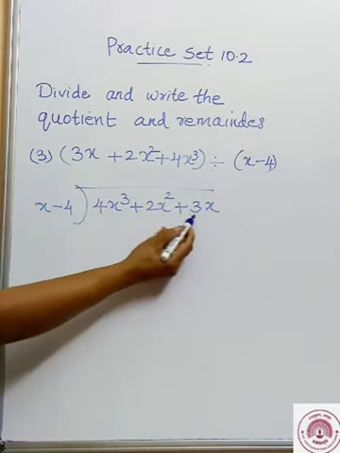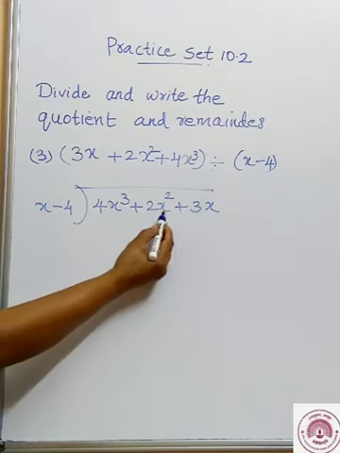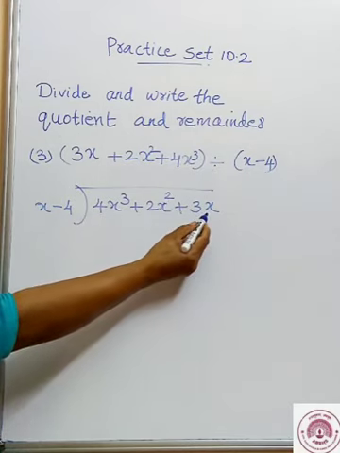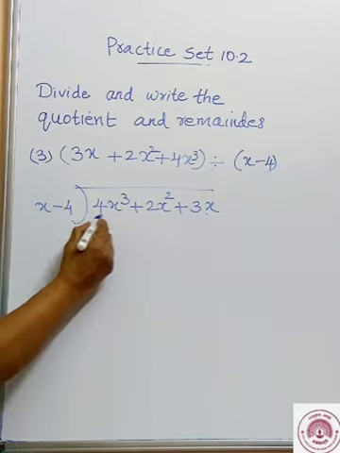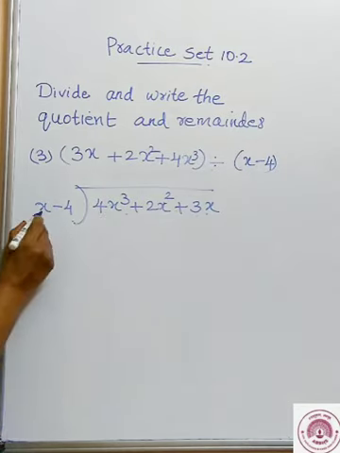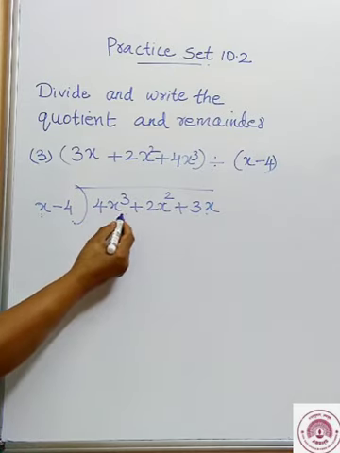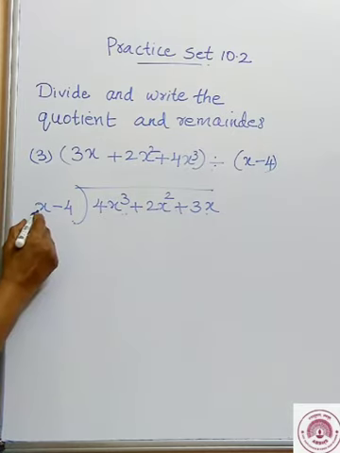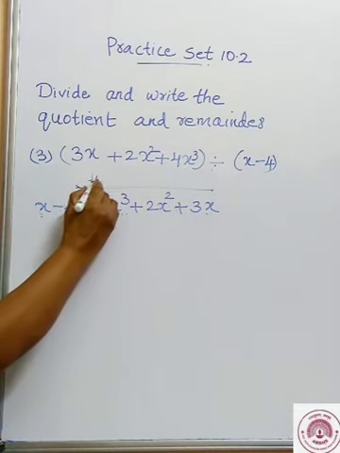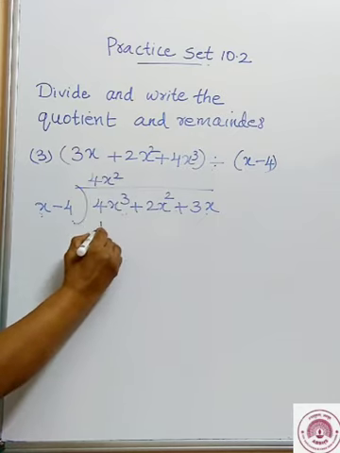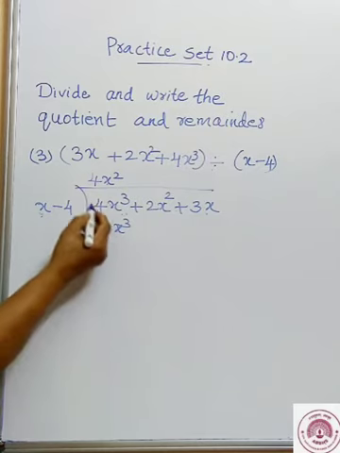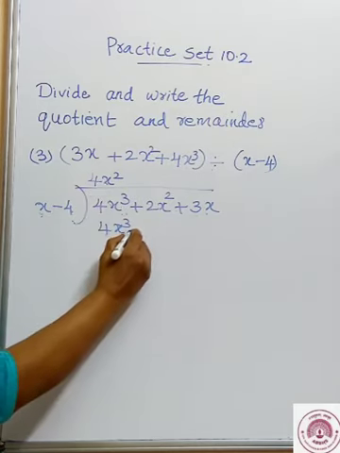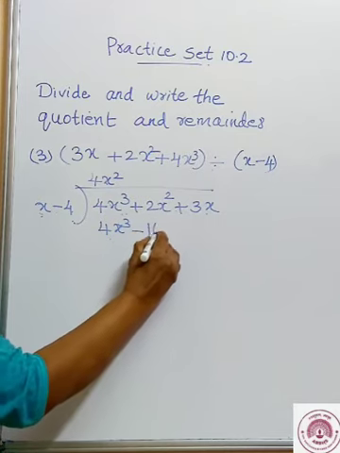Here 4x cube plus 2x square plus 3x is the dividend and x minus 4 is the divisor. The first term is 4x cube, the first term of the divisor is x. So x into what is equal to 4x cube, that is we have to multiply x by 4x square to get 4x cube. 4x square into minus 4 is minus 16x square.